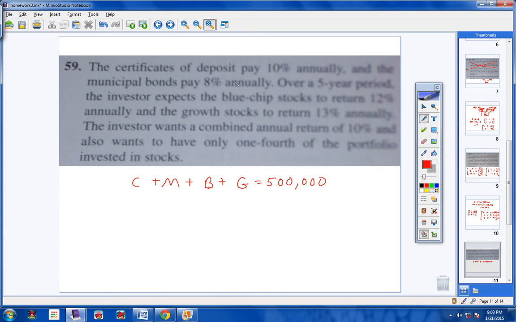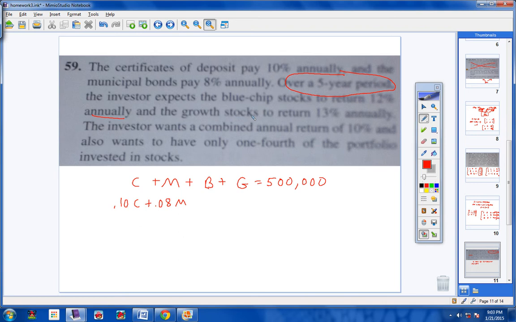The certificates will pay 10%, and the municipal bonds will pay 8%. Now, don't be confused by this phrase here. It says over a 5-year period, the investor expects the blue chip stocks to return 12% annually. That means every year for 5 years.